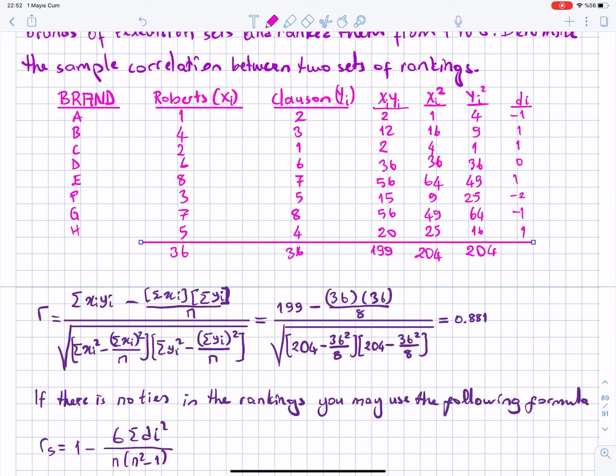I don't need the sum of the differences, because I need the sum of the squares of di.